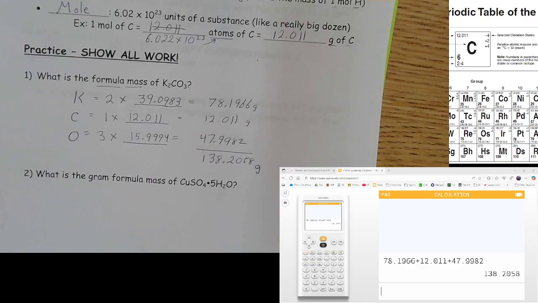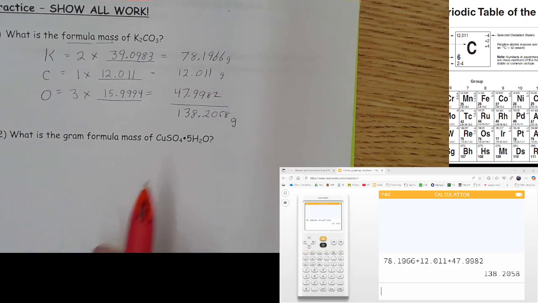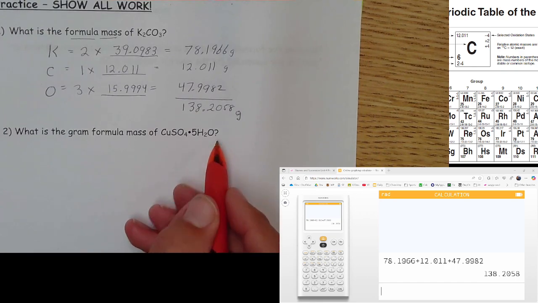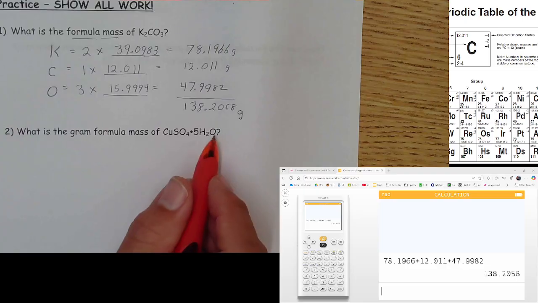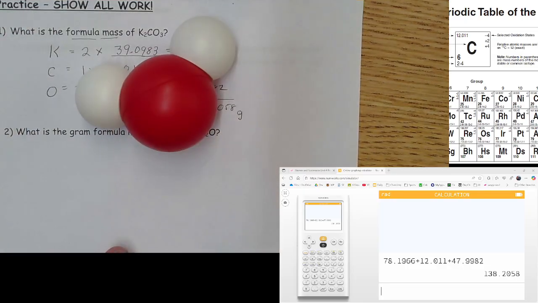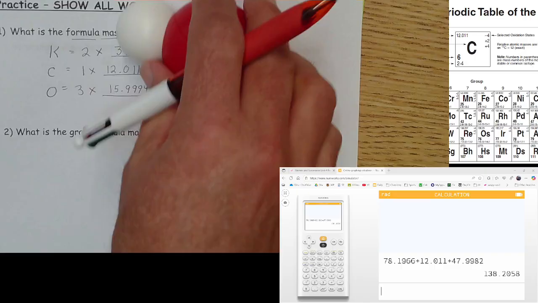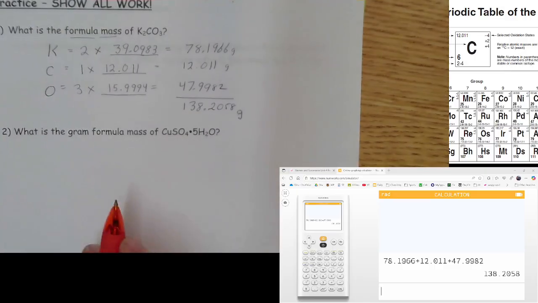All right, let's do another one. What is the gram formula mass of copper sulfate 5-hydrate? This pentahydrate, this idea of having multiple waters, just means you have a salt, and you have a specific ratio of waters to salt. So this means we have 5 waters.